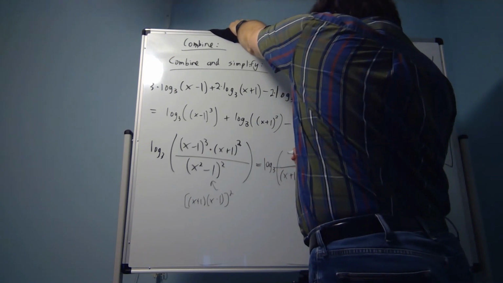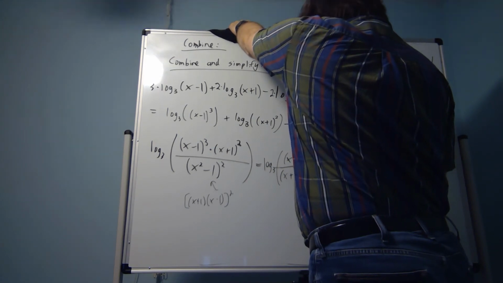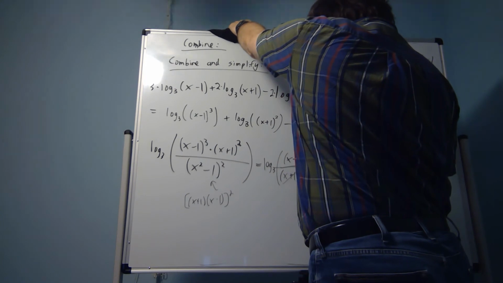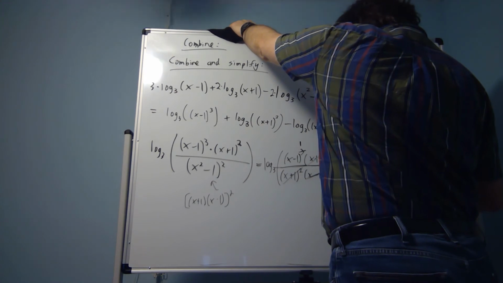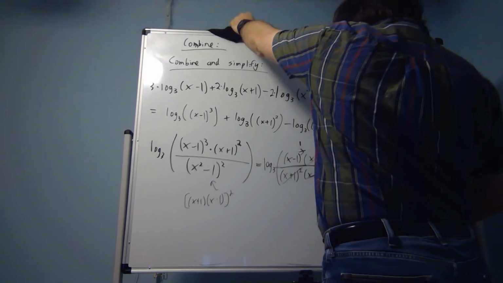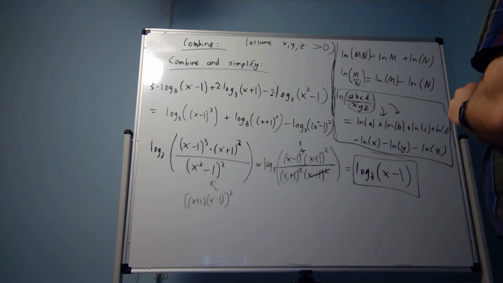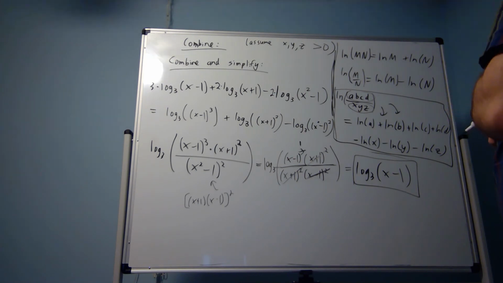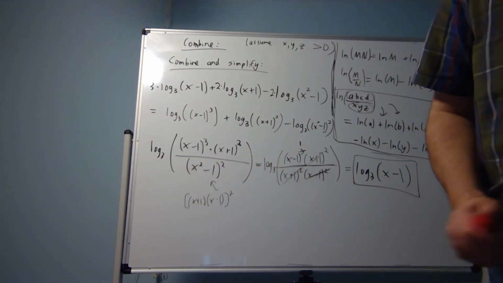So we expand that. Now we have a lot of common factors. So these cancel completely, and we have just one of these left over. For this section, this is all you have to do.